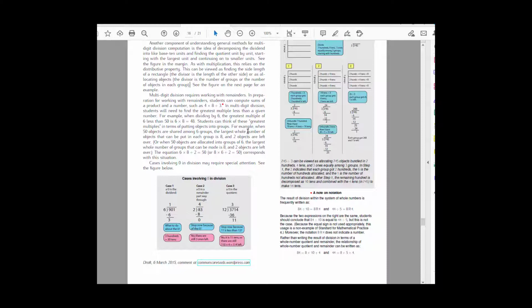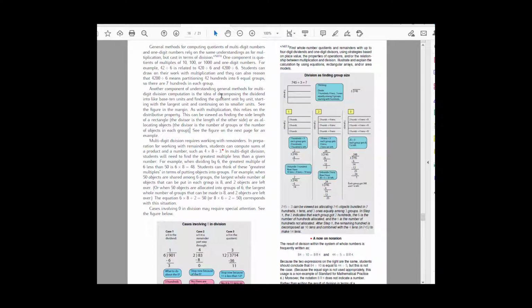So there is a connection in that, and you could go back and read this in more detail to see if there's anything more. But I would say that there's definitely a connection, that this is moving towards the following: division with remainders, the idea that the remainders are part of a whole.